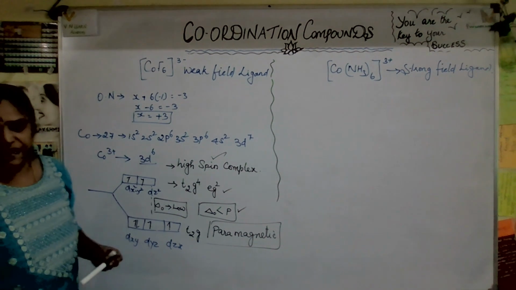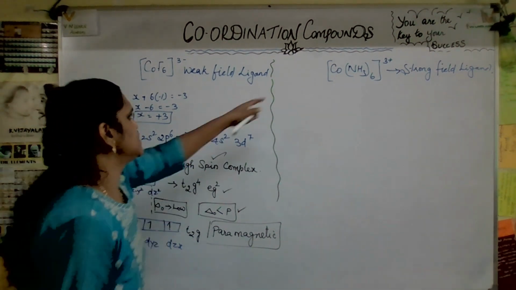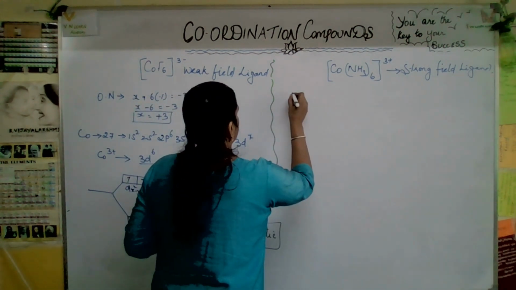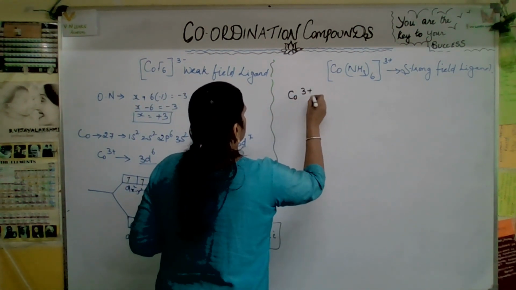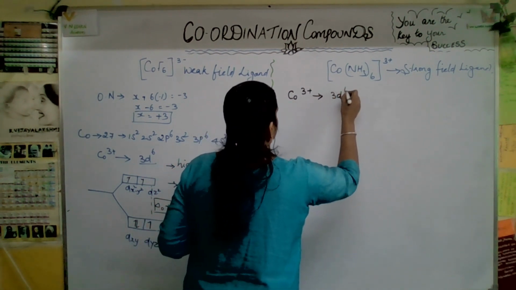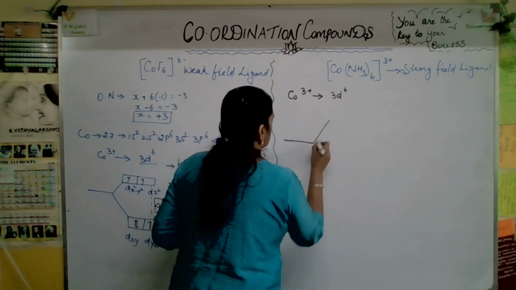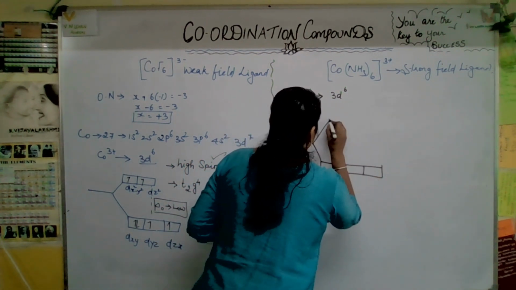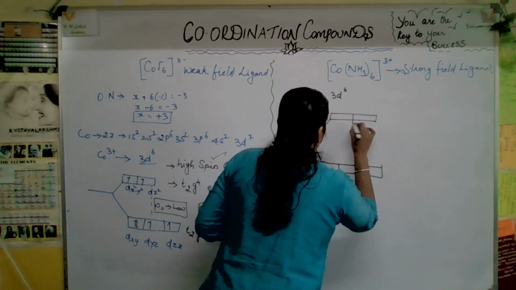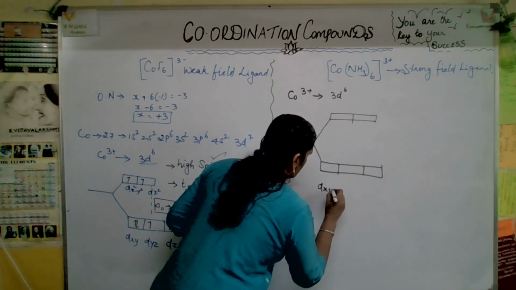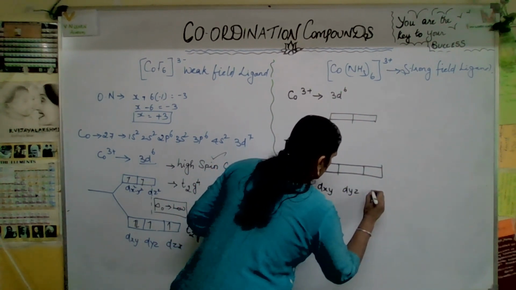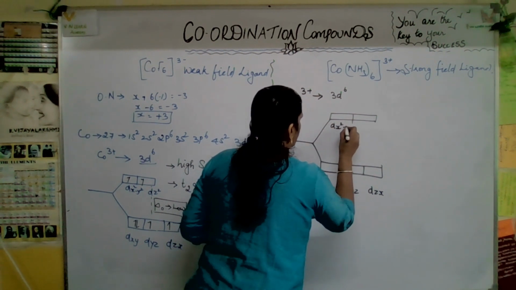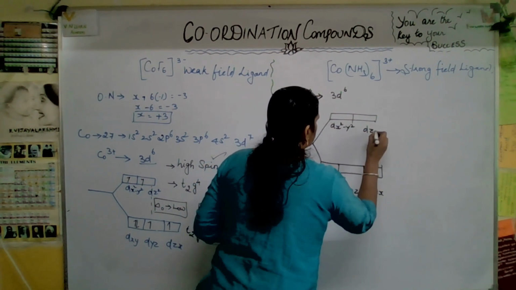Now the next one here. As we look at [Co(NH3)6], it's a strong field ligand. That directly we can go for Co3+, right? So 3d6. So here dyz, dzx, dx square minus y square and dz square.